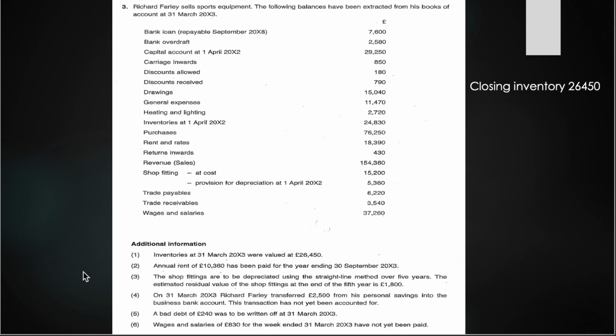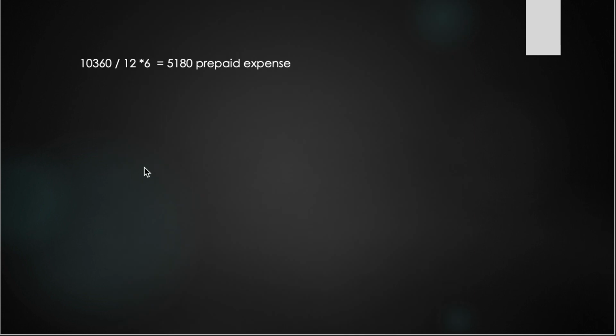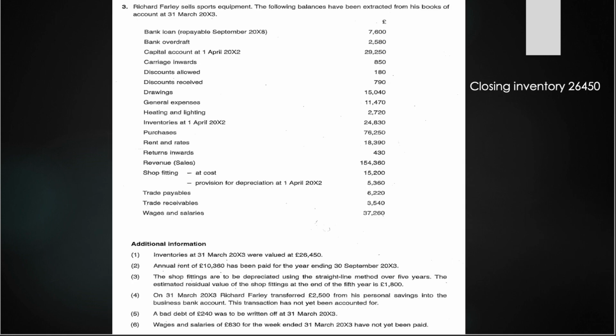So 6 months is a prepaid expense. To work it out, you do 10,360 divided by 12 times 6 to get 6 months, and that is 5,180. Then you subtract 5,180 from rent and rates, and this gives you 13,210. Once again, I put the balances next to our already existing balances.